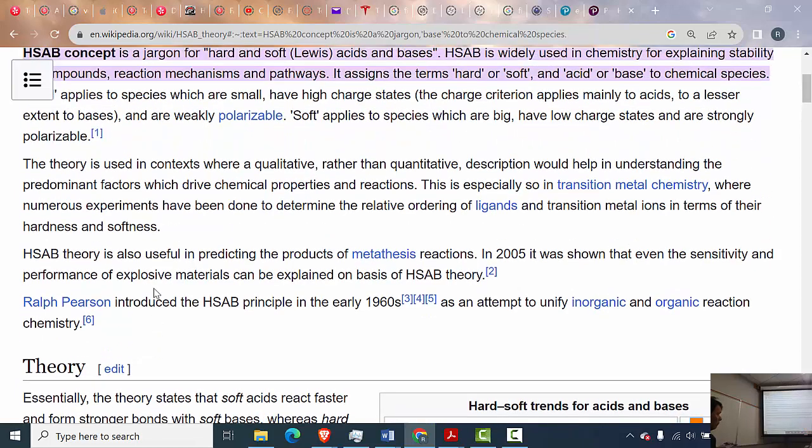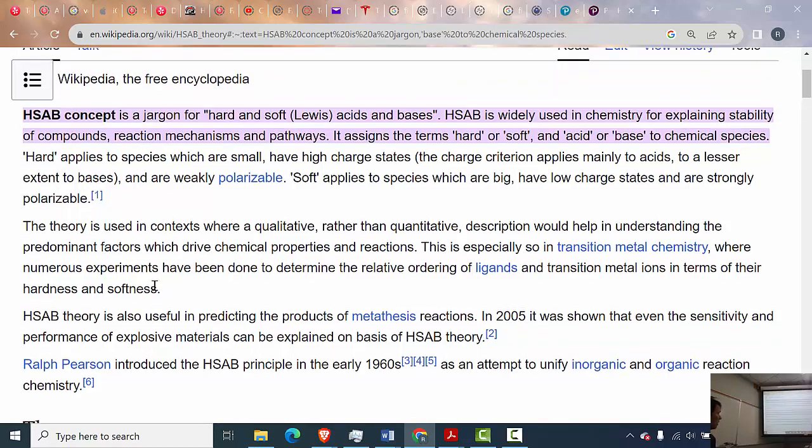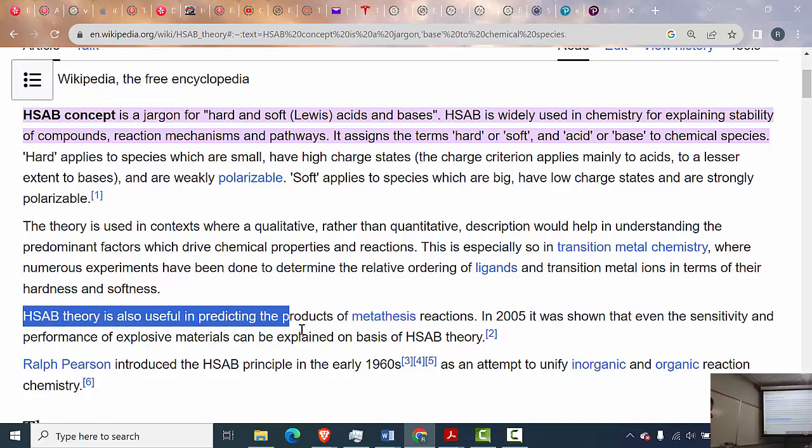They make excellent bonding MOs. We have to have an excess of electrons in bonding MOs versus anti-bonding, and we do that thing where we calculate the bond order and that kind of stuff. But anyway, HSAB theory is also useful in predicting products of metathesis reactions as well.